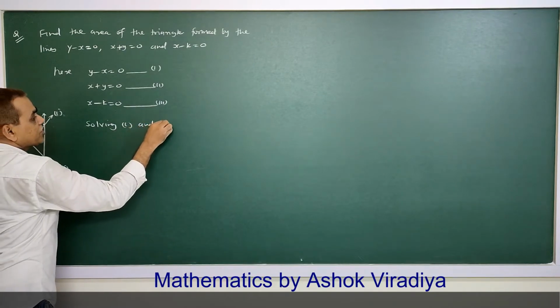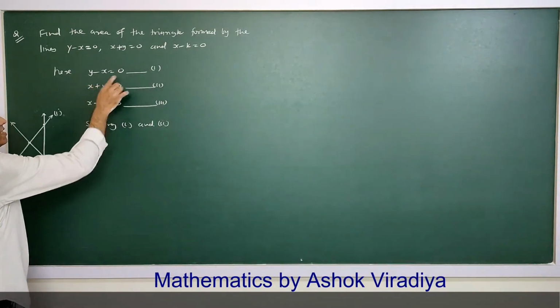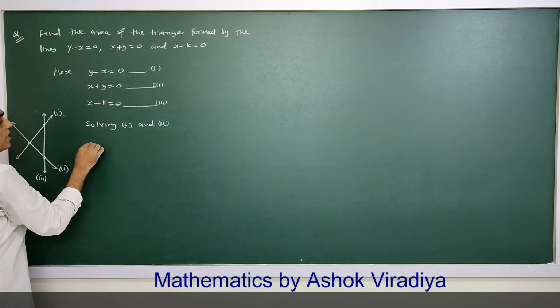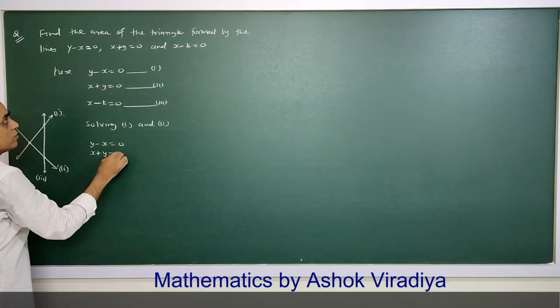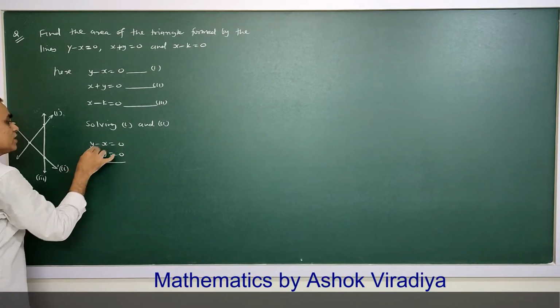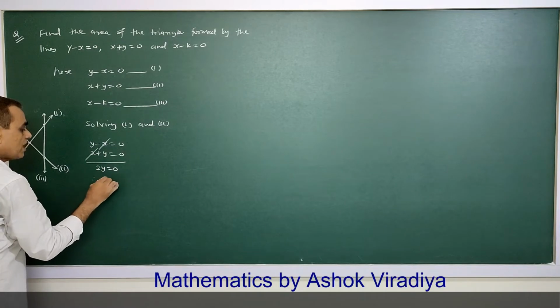So solving 1 and 2, that means the intersection of 1 and 2, we are getting this point. y minus x is 0, x plus y is 0. If we add these equations, then 2y is 0, so y is 0.